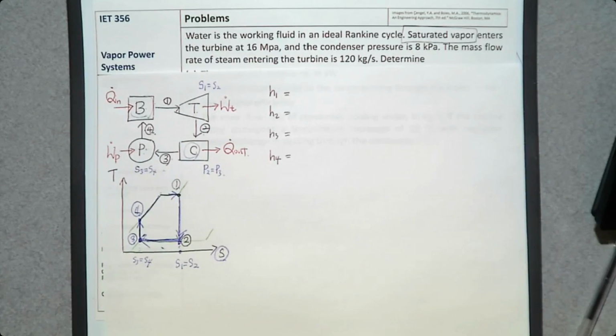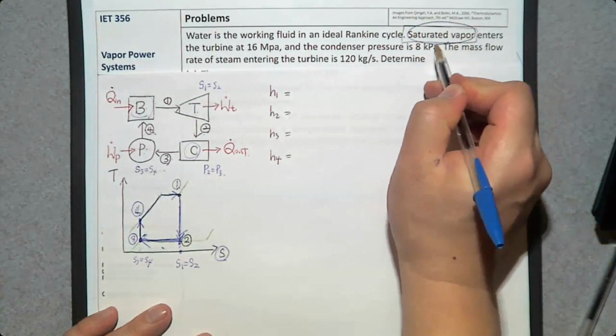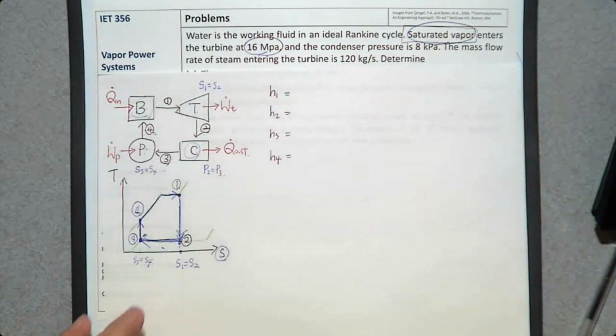Okay, I guess we are ready to solve this problem. How do we determine H1? Oh, property table. I have it. So it is saturated vapor at 16 megapascal. Saturated vapor at 16 megapascal.